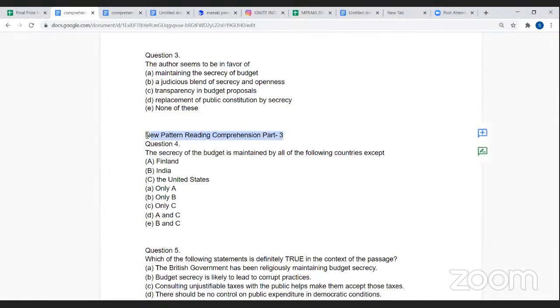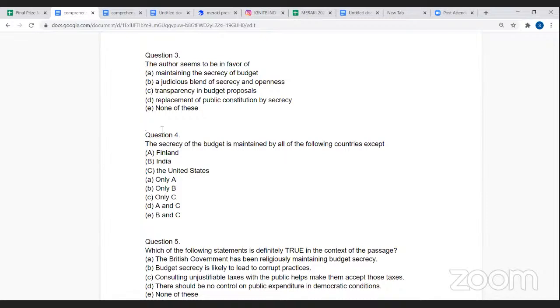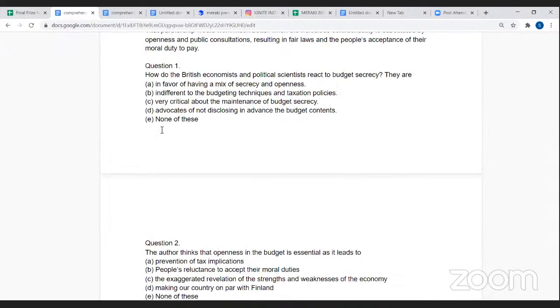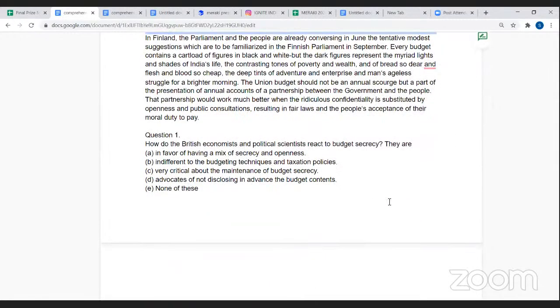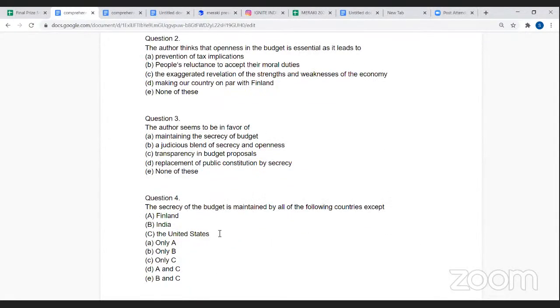Question 4. The secrecy of the budget is maintained by all of the following countries except... Option C, the United States.